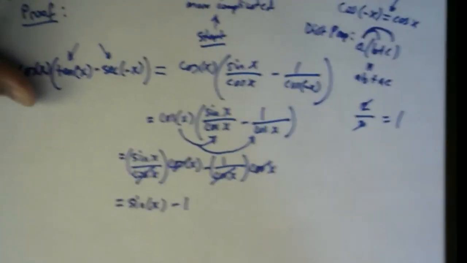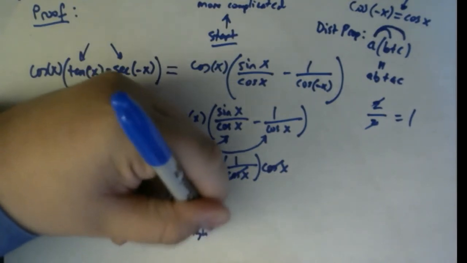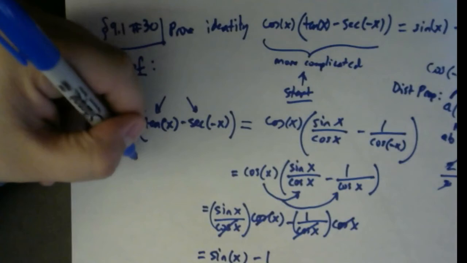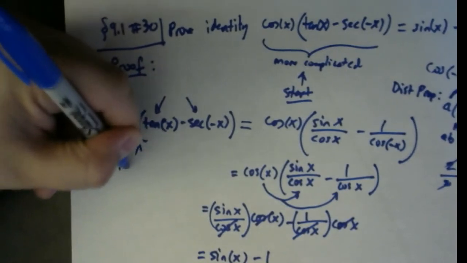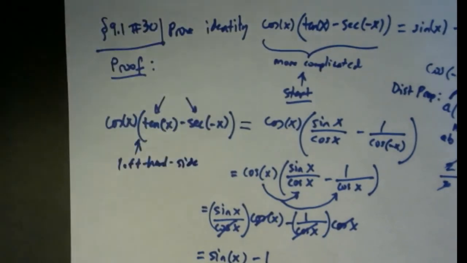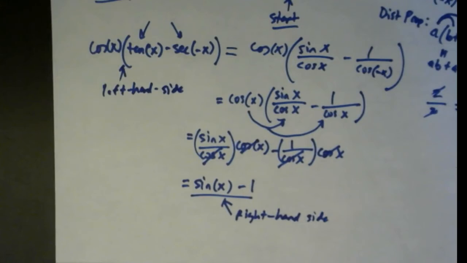We get the final, this is the right-hand side, whereas this was the left-hand side. So we have completed the proof of that identity. We've established that identity.